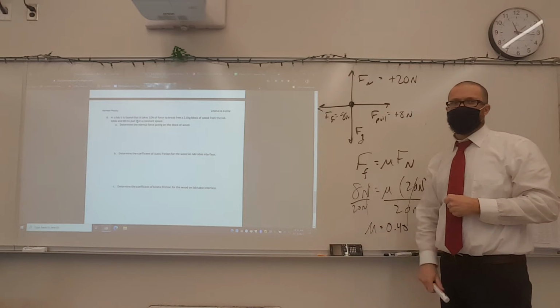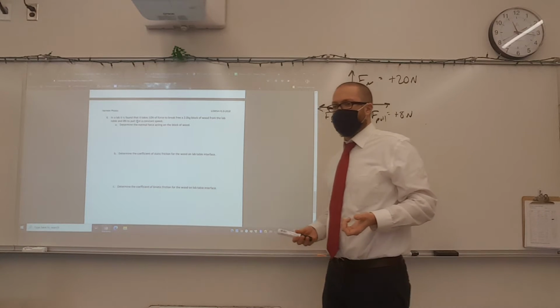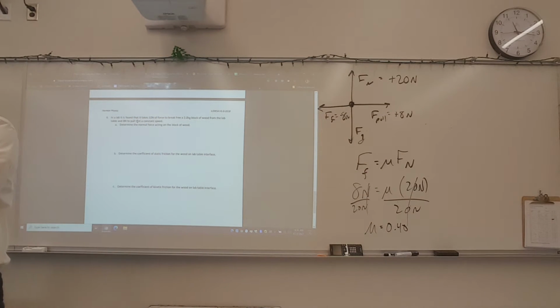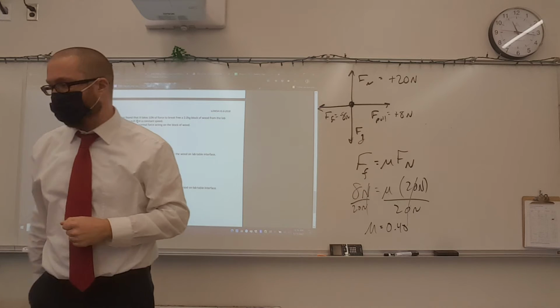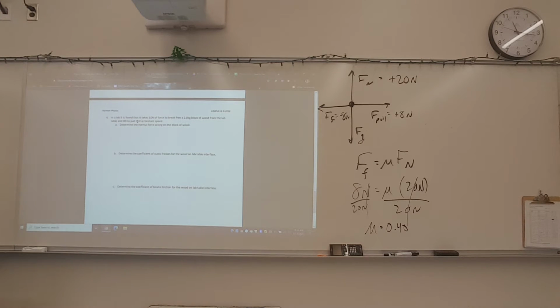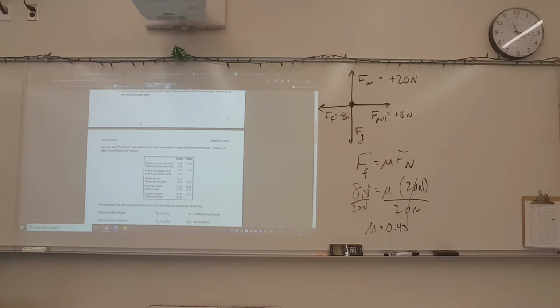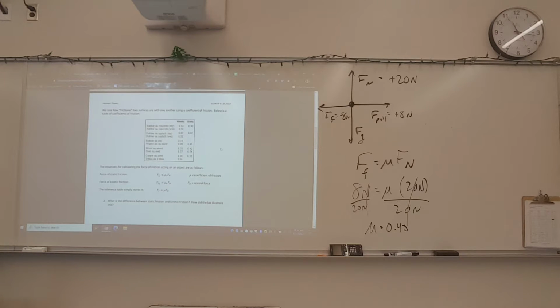Usually, we're doing this. Sometimes we're just asked questions like, for instance, look at the chart of the coefficients back on page 2. All right? Let me zoom in here.